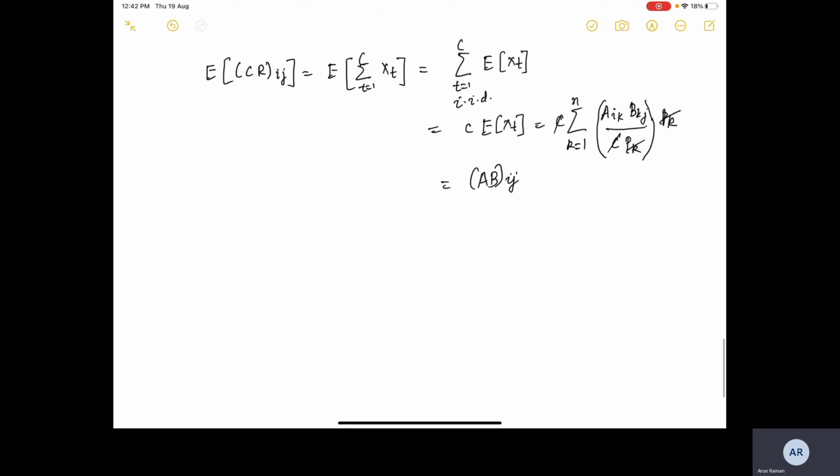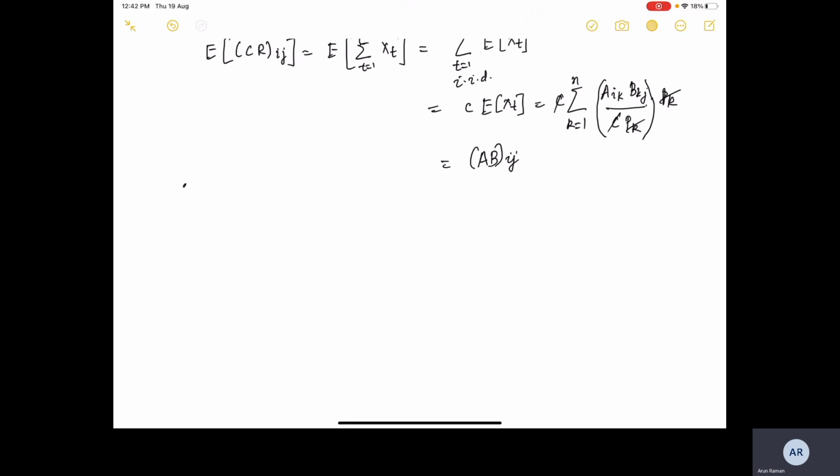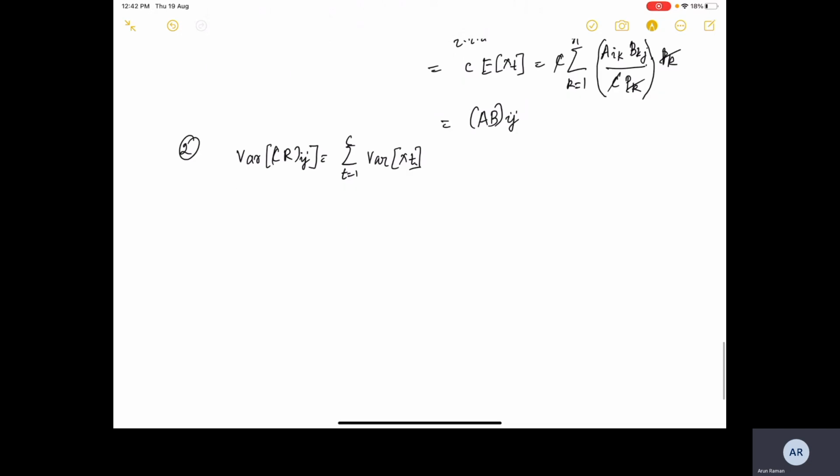The second result is with regard to the variance. Since we have talked about the variance a lot, we have this in a straightforward way.